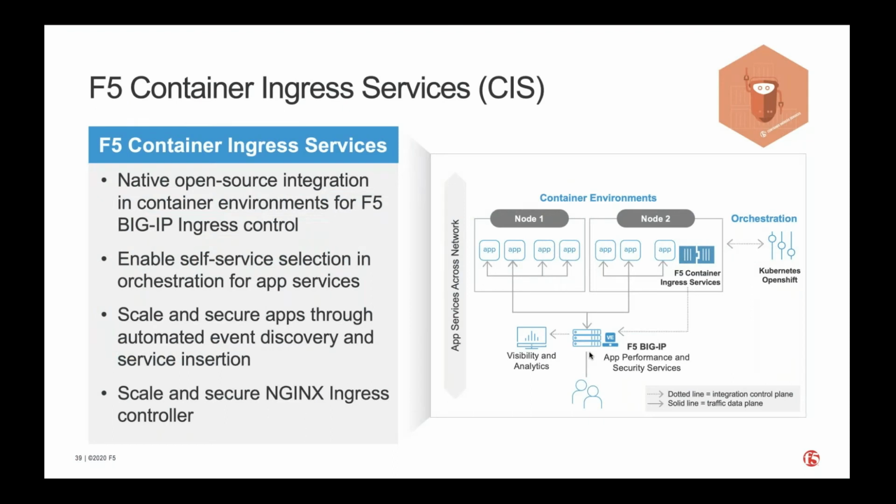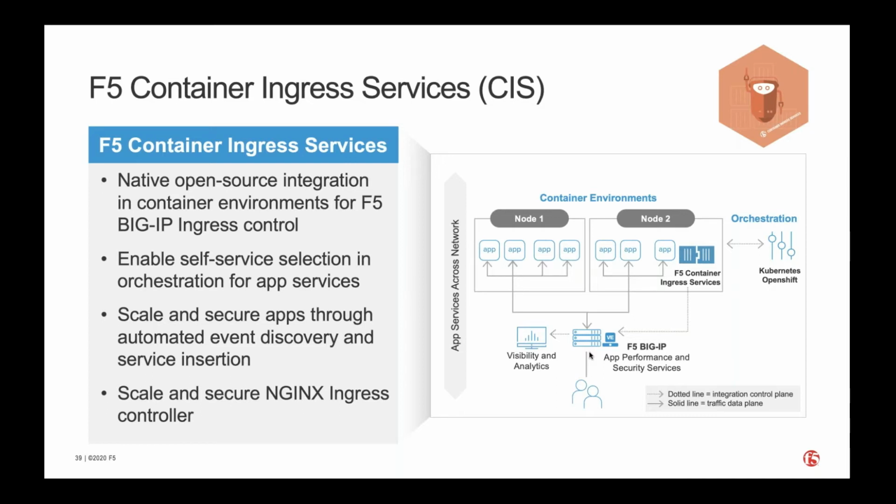The Ingress Controller is in fact a container that you're going to run in your environment, which is linked to your Kubernetes or OpenShift orchestration environment, and that can create a management link towards your BIG-IP environment to automate configurations and to see what's going on in your container environment itself.